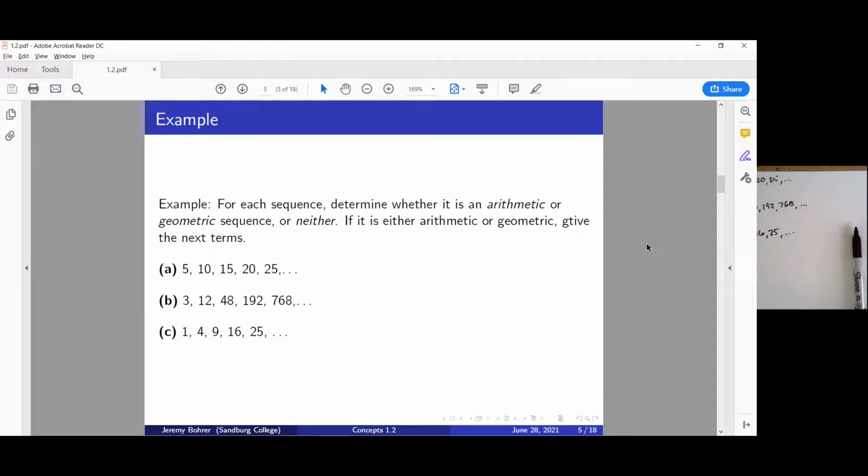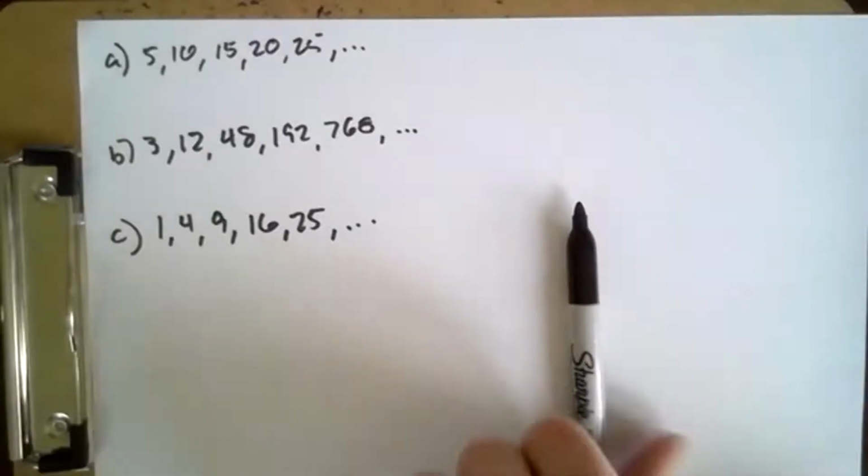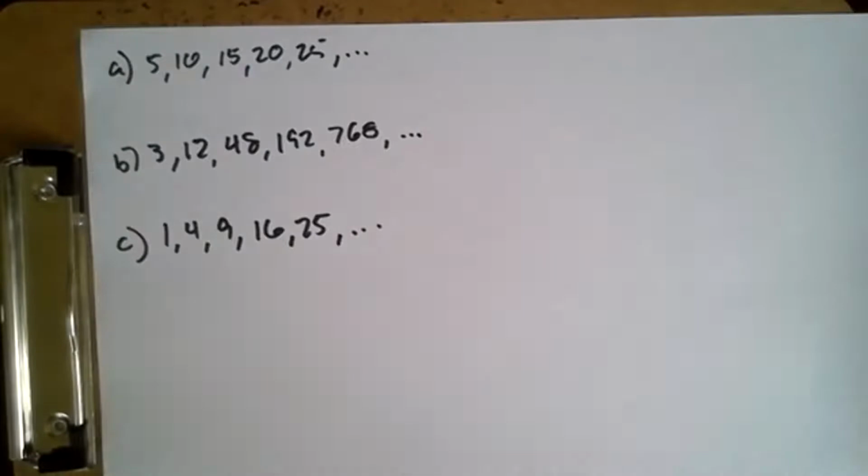In this video, we're going to look at the examples on the 1.2 slides. For these first few examples, we are asked to determine whether each sequence is arithmetic, geometric, or neither, and give the next terms. So coming back over here, we've got 5, 10, 15, 20, 25.